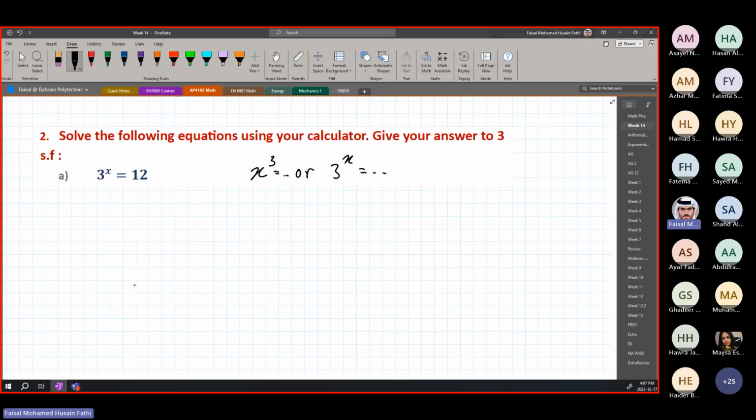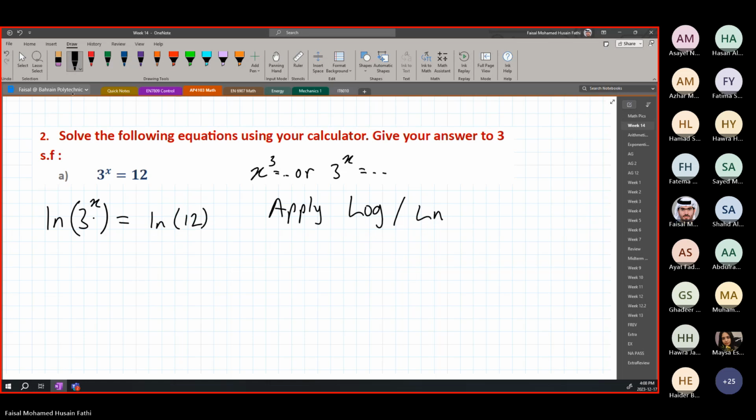First rule, apply log or ln. Choose which one. I personally prefer ln. It really does not matter. But make sure you are consistent. I will go with ln of 3 to the power x, is equal to ln of 12.